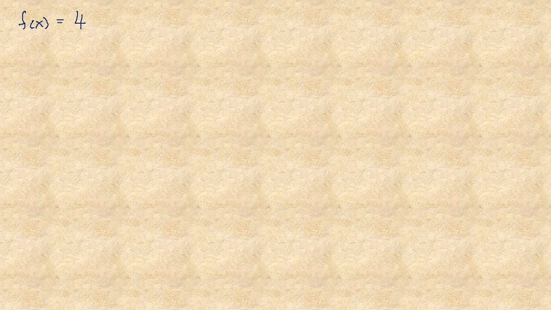First, if we have a constant function or number, for example, f(x) = 4, if we differentiate a constant, we will get 0. Means if we differentiate f'(x), differentiate 4, we get 0. If we differentiate any number, we get 0.